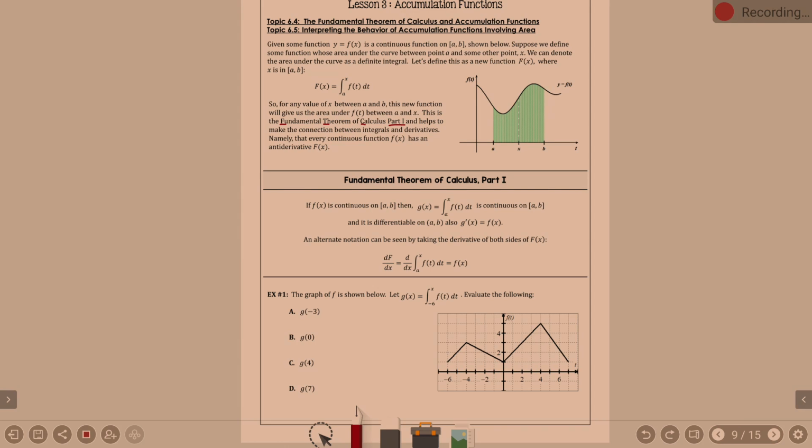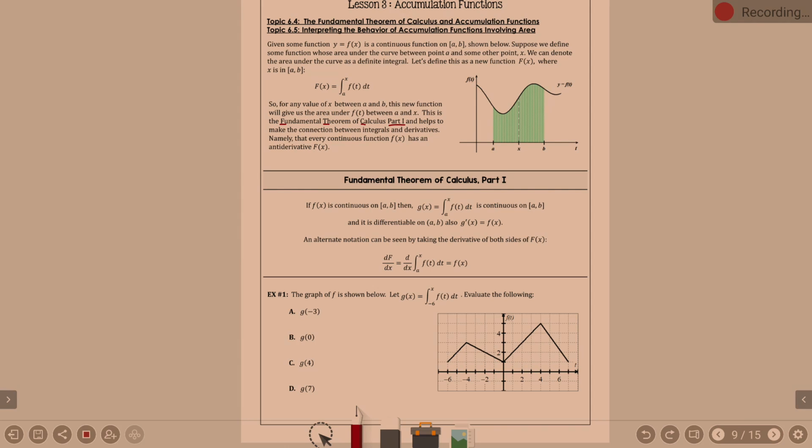I mentioned antiderivative, and it mentions antiderivative here, okay? Antiderivative and derivative are opposites. If you're taking the derivative, the antiderivative is going to undo that. So when we talk integrals, we're talking antiderivatives.